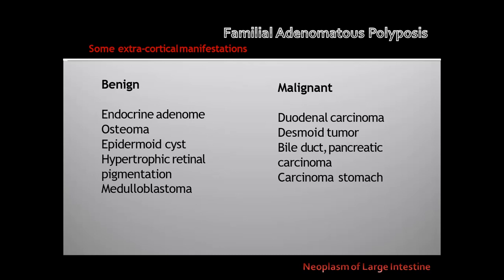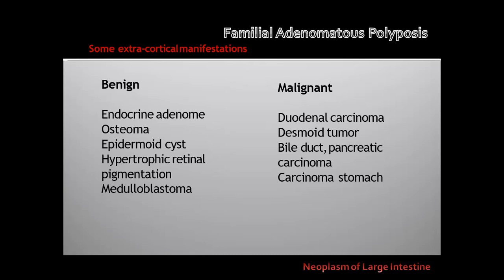So if genetic testing facilities are not available, we can diagnose by eye examination for hypertrophic retinal pigmentation, because 50% of familial adenomatous polyposis patients have it.